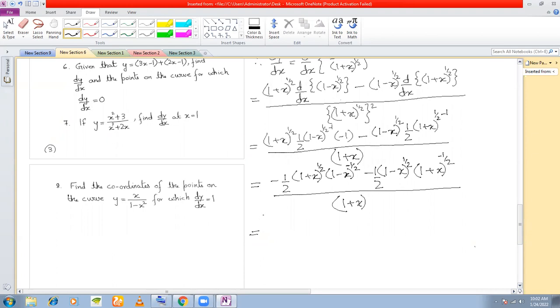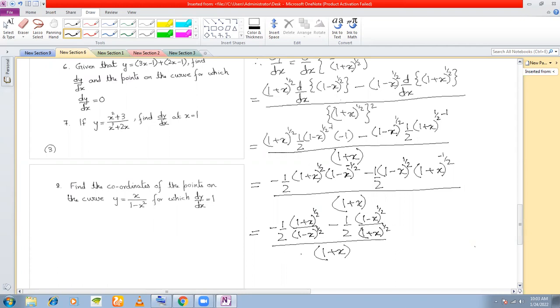Now what you can do here is write this as minus half into (1 plus x) to the power of half divided by (1 minus x) to the power of half. And here you can write this as half (1 minus x) to the power of half divided by (1 plus x) to the power of half, divided by 1 plus x.